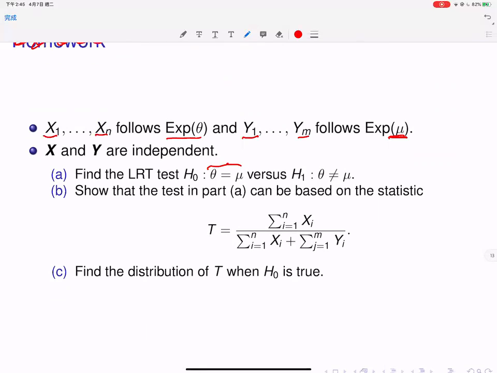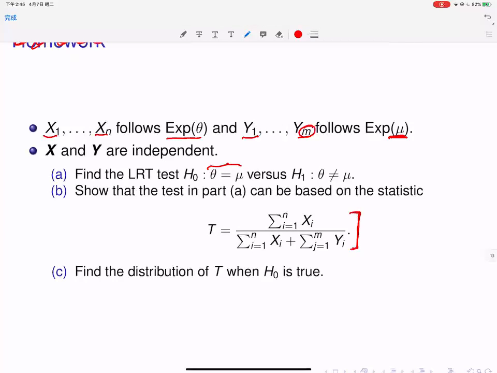But right now you have x1 to xn exponential theta, and y1 to ym, remember that, exponential mu. I still have two samples following exponential distributions. Could I test whether or not their means are the same? You could. Eventually, you follow the principle of the LRT, and you'll find this is a function of t right here.